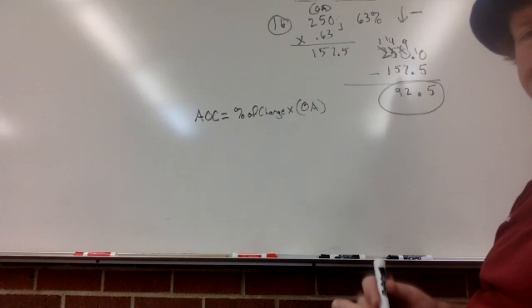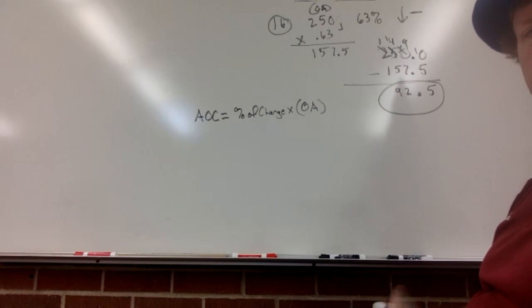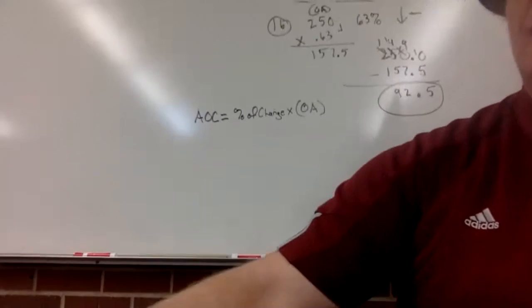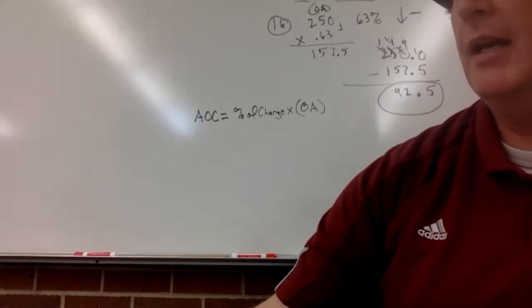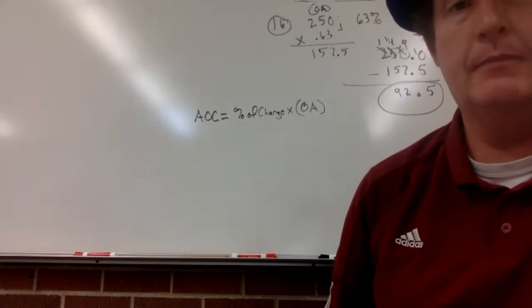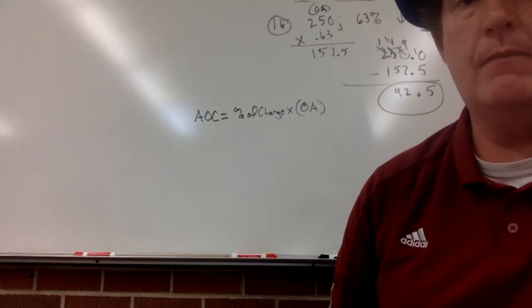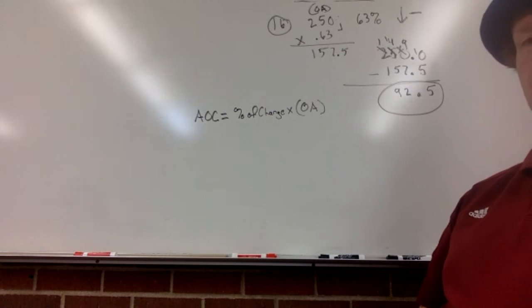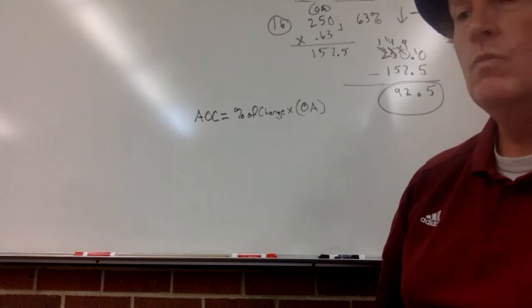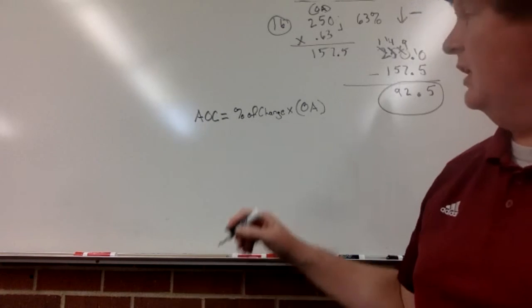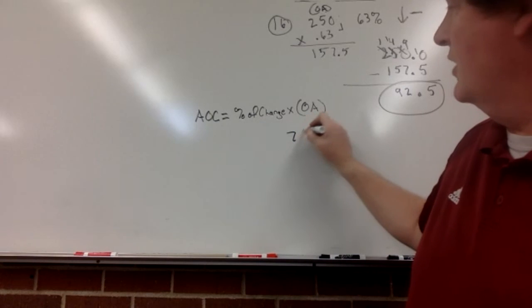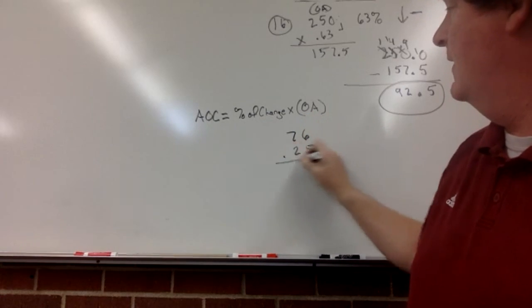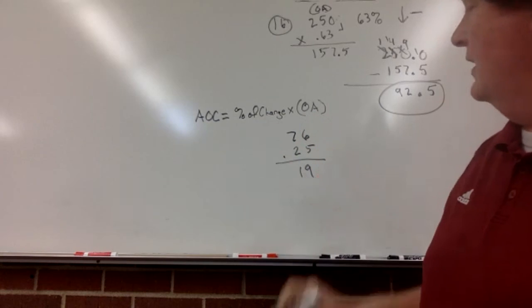Okay, you got it? All right. That leaves you 18 and 20 and 10 and 12 left to do. Wait, I missed, what was 14? I missed that. 14 was when you took 76 times 0.25, and then you got the answer of 19.